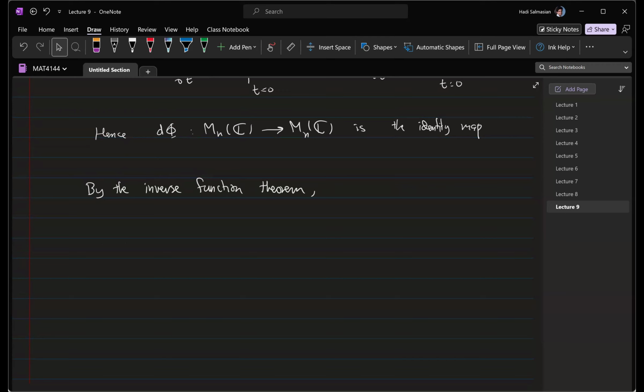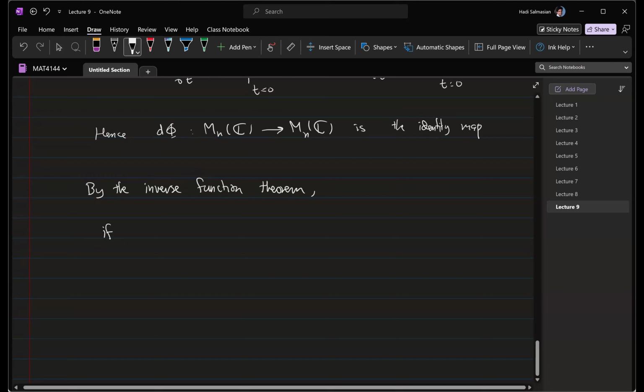Okay, so anyway, what is the inverse function theorem? The inverse function theorem says that if phi from R^m to R^n is differentiable. Maybe I should say smooth. I mean, we probably need C1, but maybe it's C infinity, infinitely many times differentiable.